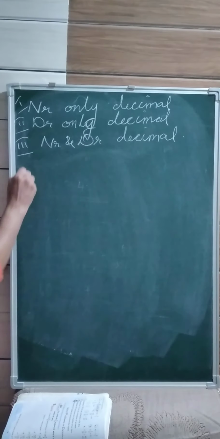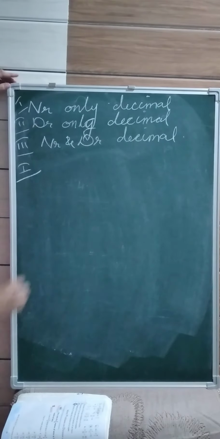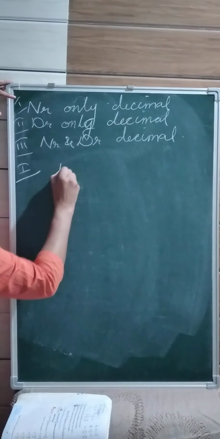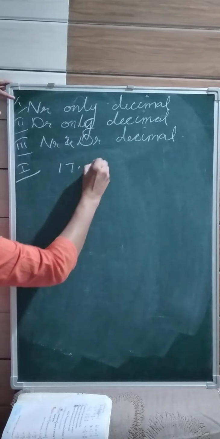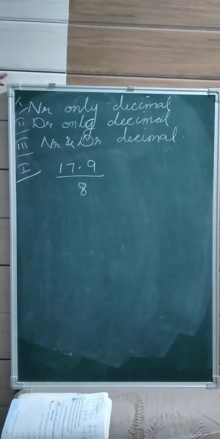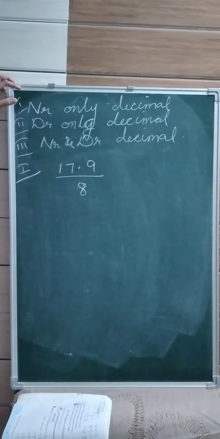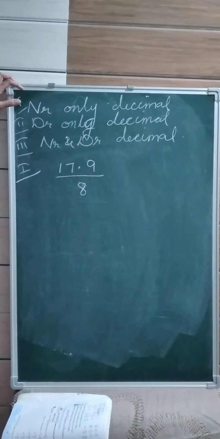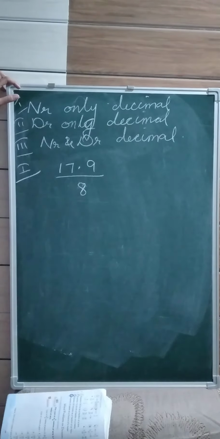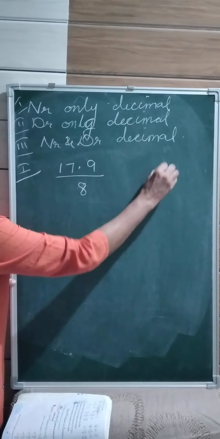First case, that means numerator only decimal. 17.9 divided by 8. Start the division in the proper way.